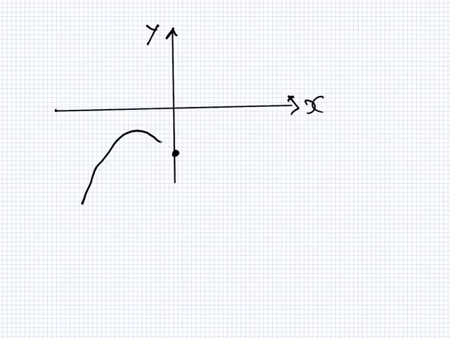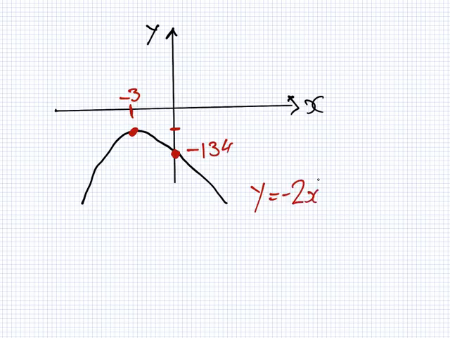Look. This point is minus 1, 3, 4. This is the turning point. I don't know this, but I tell you this is minus 3. And this will be y equals minus 2x squared plus bx plus c.